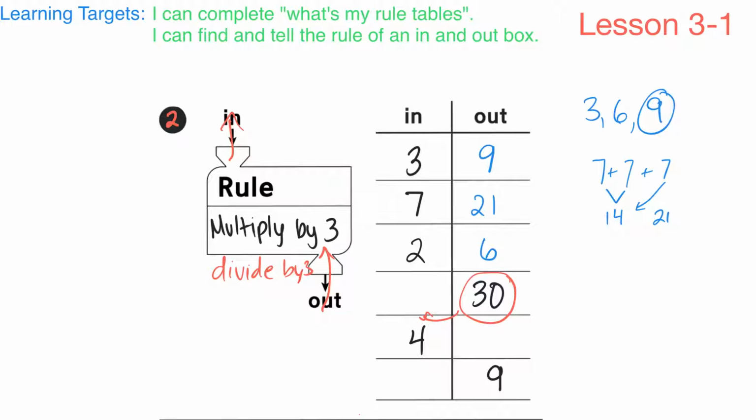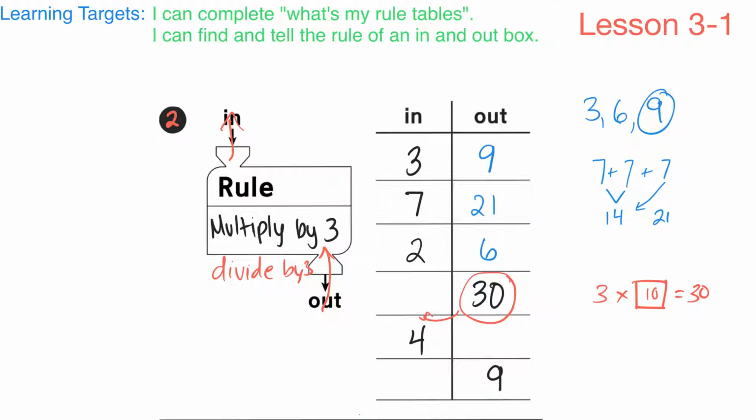So if we're going to go in reverse of these arrows, meaning we're starting here with 30 and we're going to find the in, we're going to divide 30 by 3. So we're going to think 30 divided by 3, or I'm thinking 3 times what equals 30. Well, I could try 3 times 4. That would give me 12, so that's not close to 30. But I see that this is multiples of 10, so I'm thinking 3 times 10 equals 30.